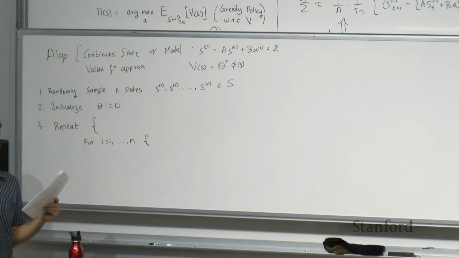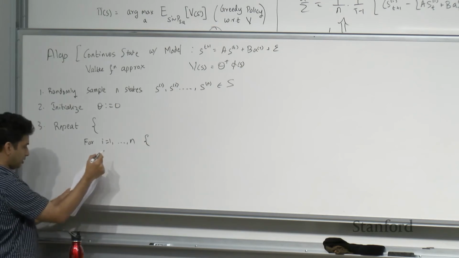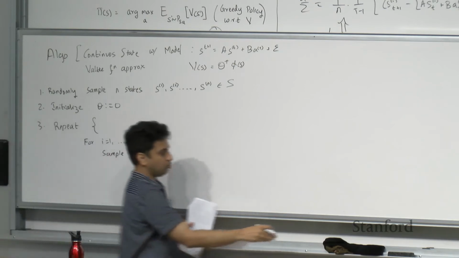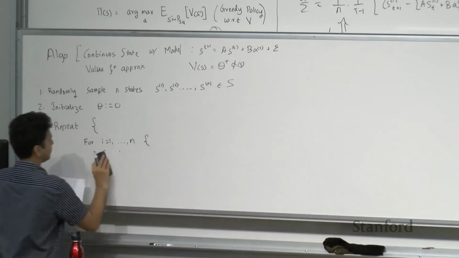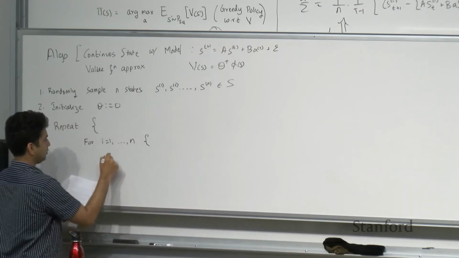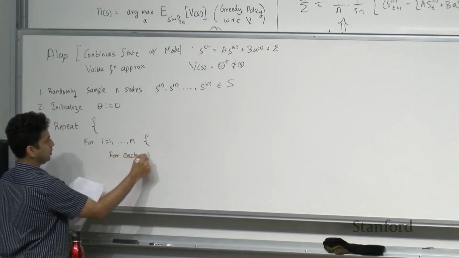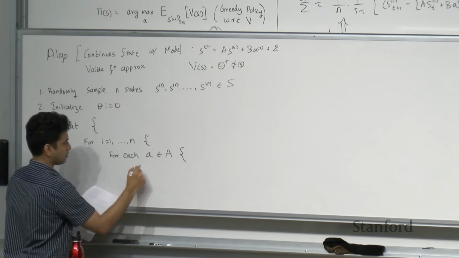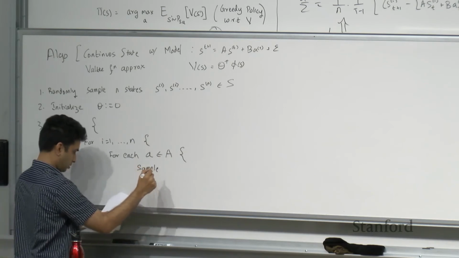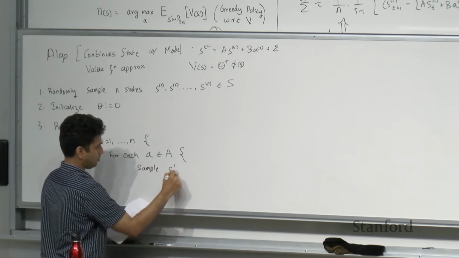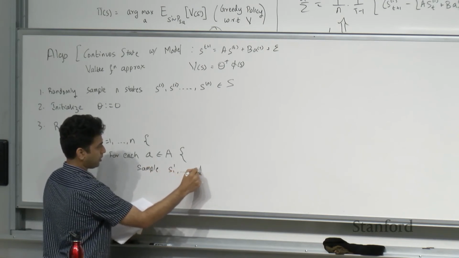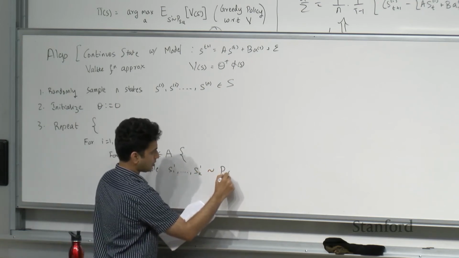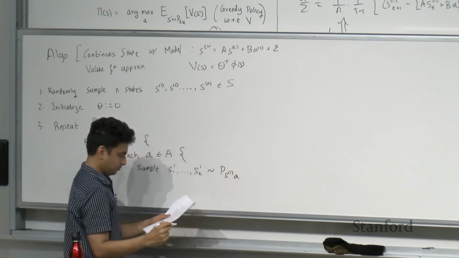Is there a question? So for i equals 1 through n, oh sorry, there's an inner loop within this as well. For each a in the action space, sample s1' till sk' from P(s_i, a).